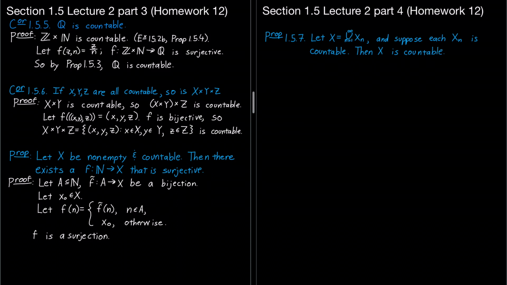And then to prove that, let's go ahead and assume that none of the Xn's is empty. If one of them is empty, we can just throw it out. It doesn't contribute anything to our union. Let Gn go from the natural numbers to Xn be a surjection.